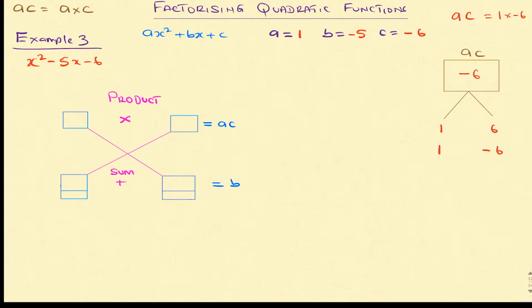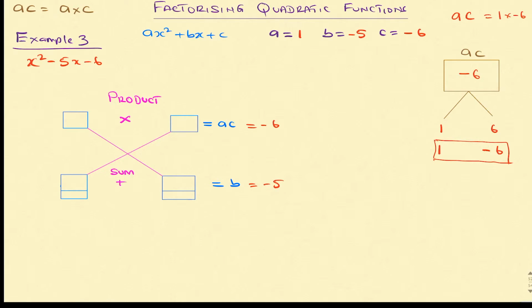So that means our AC is minus 6 and our B equals minus 5. So that's good. So we need to put those two numbers, 1 and minus 6, into the top box and the bottom box.